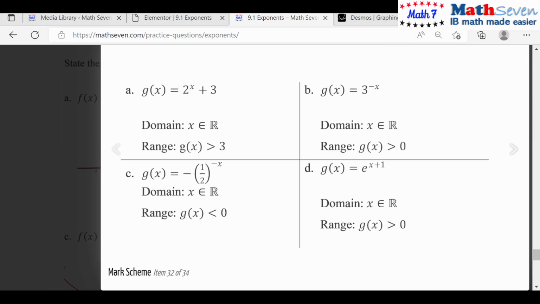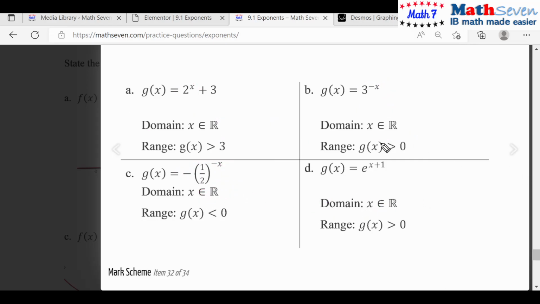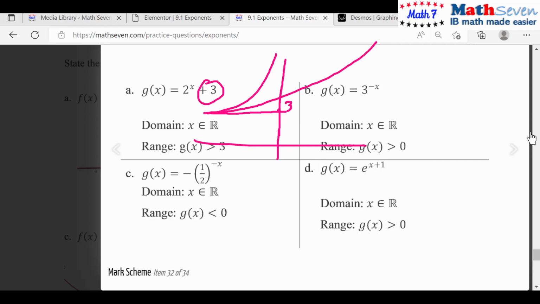For the first part, as you can see, because it's an exponential function, the domain is R. For the range, look at this one: because there is a horizontal asymptote, the graph passes close but doesn't touch it. Here the value is 3, as you can see, and here the value is 4, as you saw in the previous graph. So the horizontal asymptote is 3, that's why g of x is greater than 3.